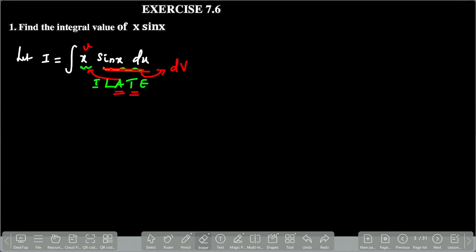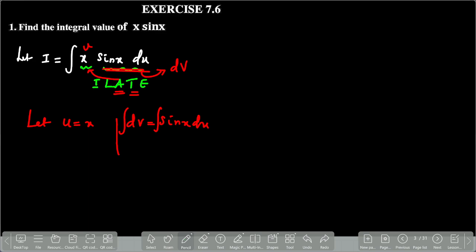Now let u equal to x and then dv equal to sin x into dx. We are unable to write dv directly; dv means there exists integration. Correct? So integral dv is integral sin x dx.